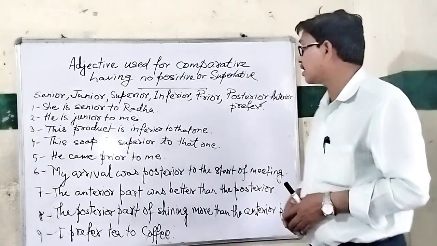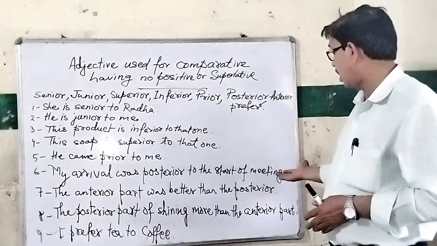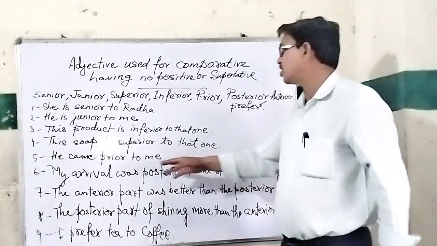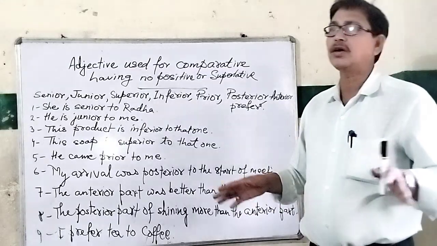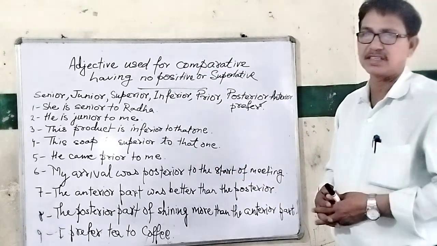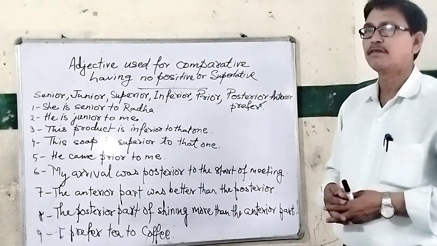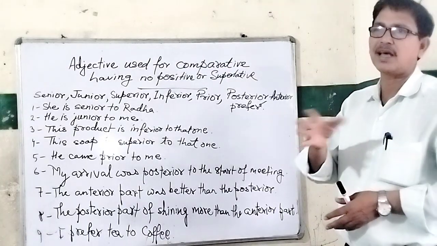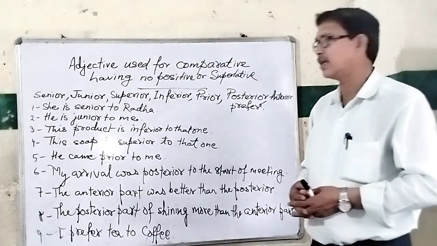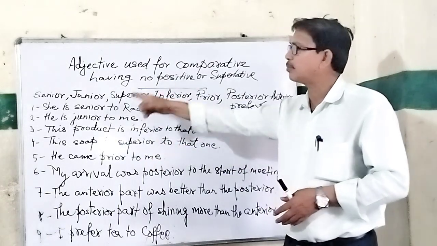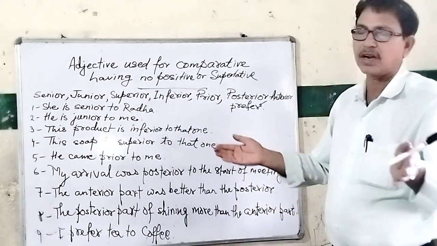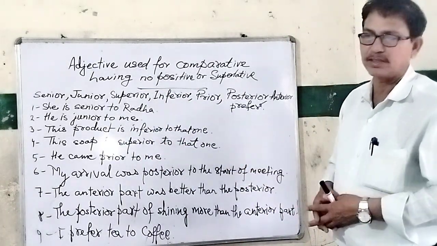After that, my arrival was posterior to the start of meeting. Actually, these words prior and posterior are very formal. They are not used in day-to-day English conversation. But sometimes, formally, rarely, we use them in writing, and you should know them because they are also the same type of adjective which are used for comparison, but they don't have positive and superlative.